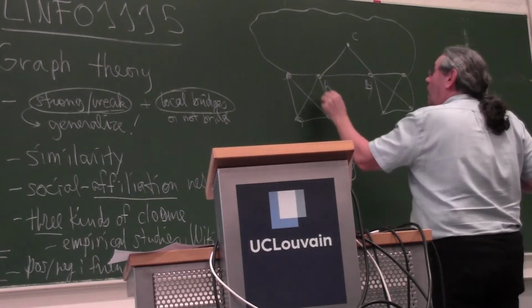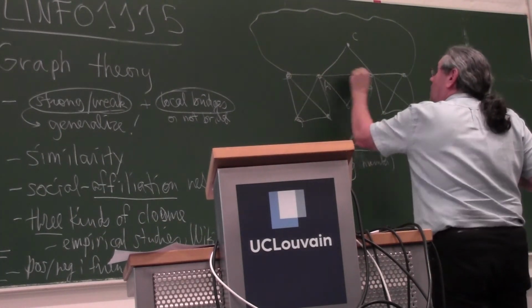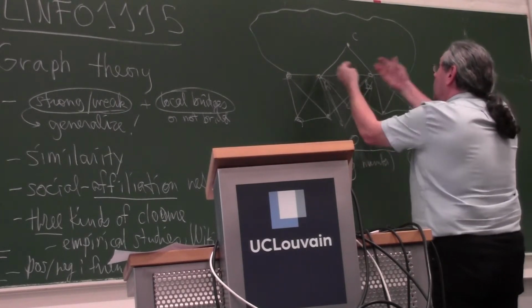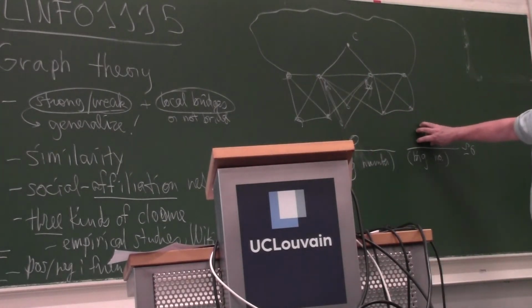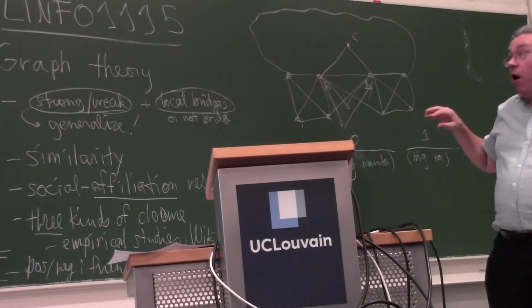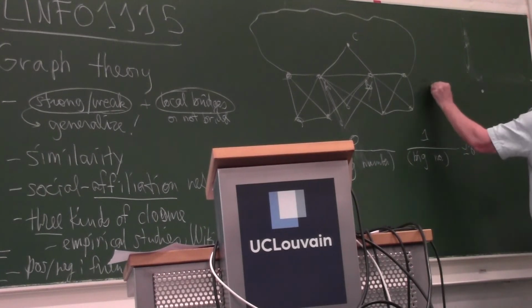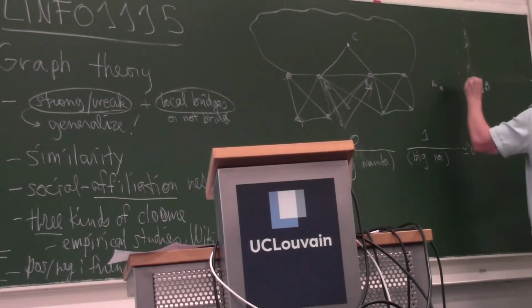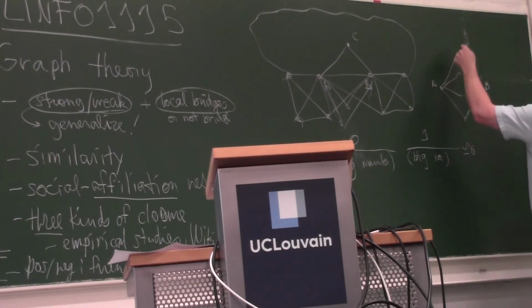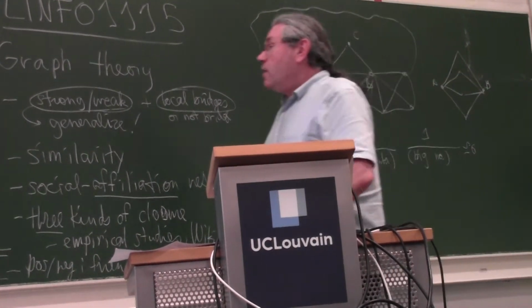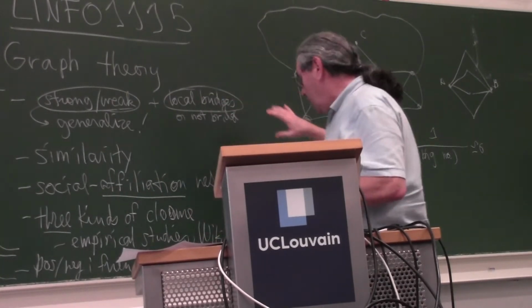But if there's a lot of nodes in common, or maybe A and B are really connected, then this number gets very big. And if all of their friends are in common, then it's exactly the opposite of a local bridge. The number is equal to 1.